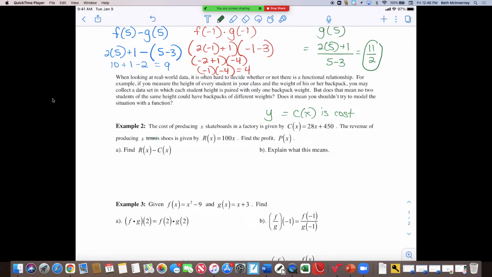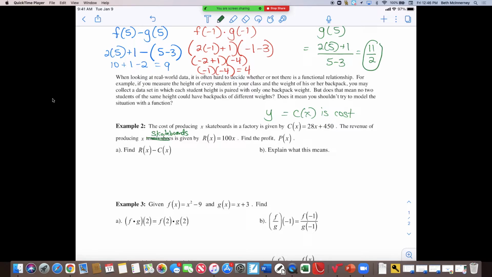So let's call these skateboards because it doesn't make any sense to have two different options there. Sorry, that's a typo. So if the cost of producing X skateboards is 28X plus 450, and the revenue is 100 times X, find the profit.